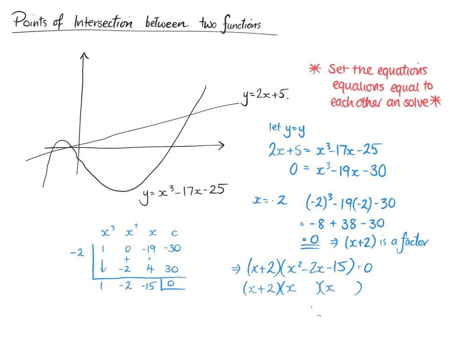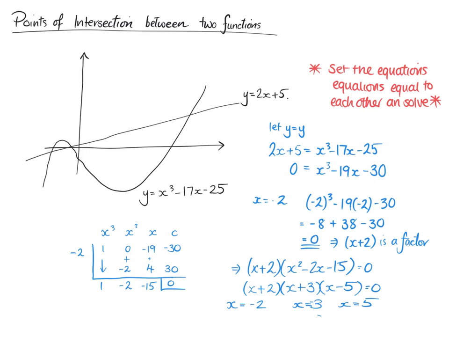Two numbers that multiply to give us minus 15 but add to give us minus 2 are plus 3 and minus 5. That gives us our x's. X is minus 2, x is minus 3, and x is 5. Sorry, it should be minus 3, not 3. You can see we've got 3 points of intersection on our graph. Our graph's not exactly correct. Apologies, I did say that already, I think.